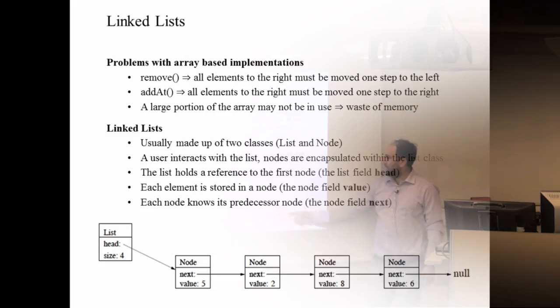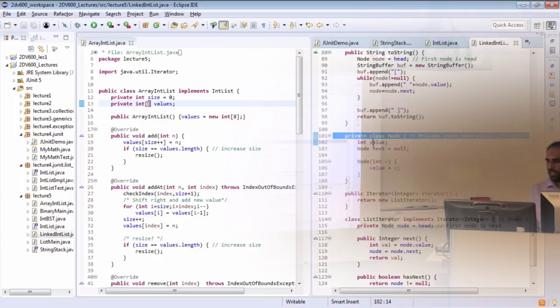And if you see here, we have only two attributes, next and value. In this class we also have two attributes, integer value and Node next. Then we have a constructor which is just assigning the value that you pass when you create a Node object to the value attribute.